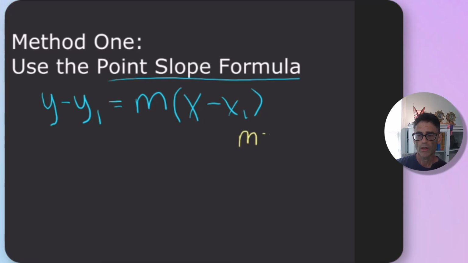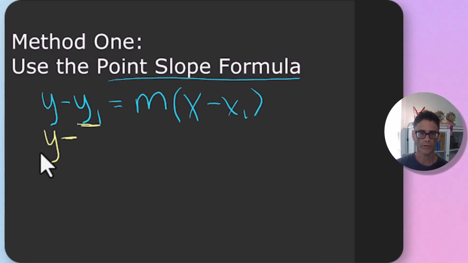Recall the slope m was 3/4, and the coordinate was (10, 12). Notice when I write this, the letter y stays y. When you end up with an equation like y equals mx plus b, you might have y equals 3/4x plus 7, and you still have the letter y and the letter x in it.